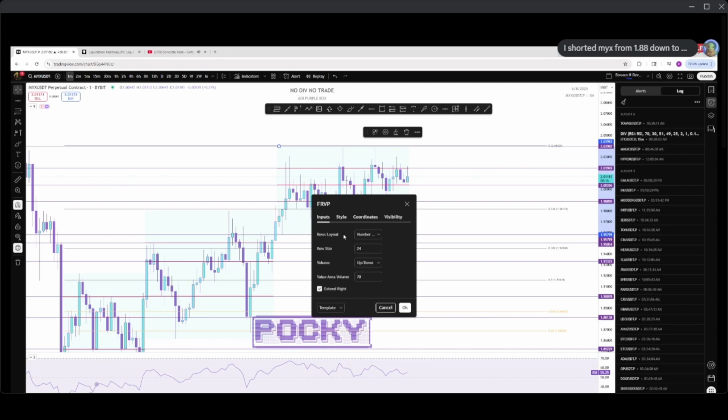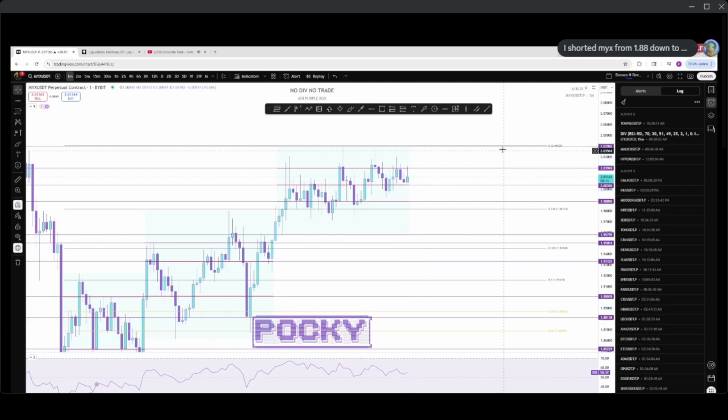Huh, interesting. Oh, when the range changes. Yeah, okay. What trend lines are you talking about? These? These aren't trend lines. These are volume levels. Are you talking about this?